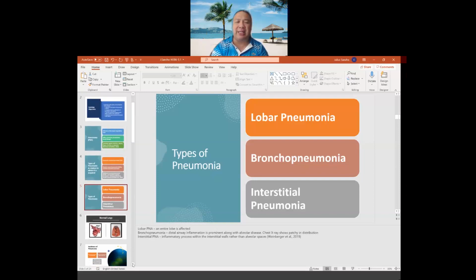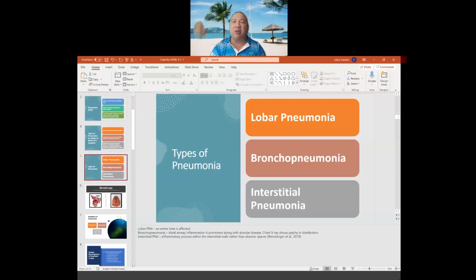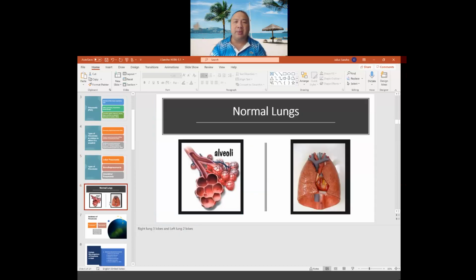Before we delve into the pathophysiology of pneumonia, it is really important to learn about the normal lungs. Well, the lungs, you guys are familiar with. On your right lung, there are three lobes, and on your left lung, there are two lobes. The bronchus will branch into smaller branches, which are your bronchioles, and at the end there is a kind of sac called your alveoli sacs.